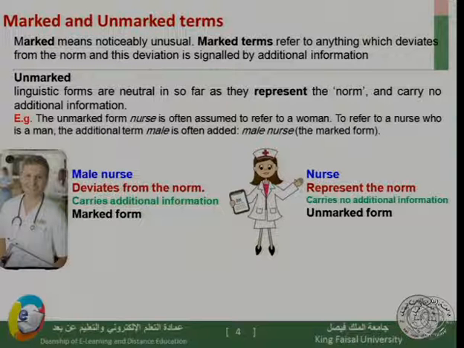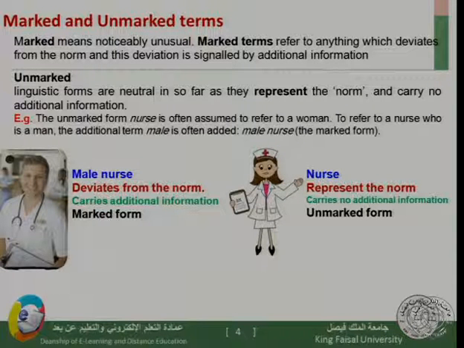If you look at those two images, we have a male nurse, which is a deviation from the norm, and we have a female nurse, which is the norm. So when we say male nurse, we are giving more information, because we usually have nurse as a female, but it is unusual to have a male as a nurse.